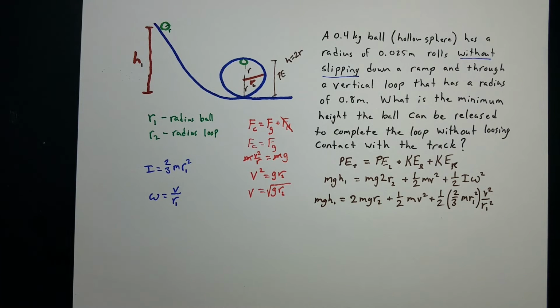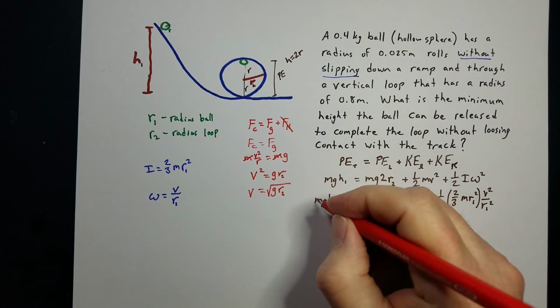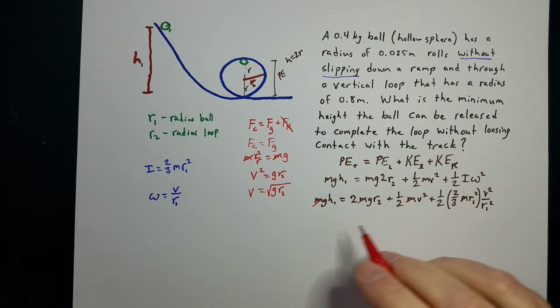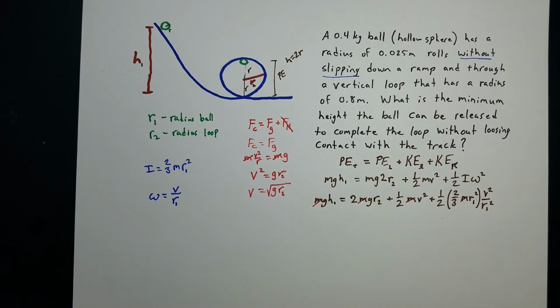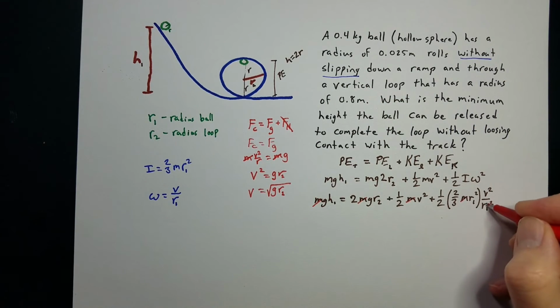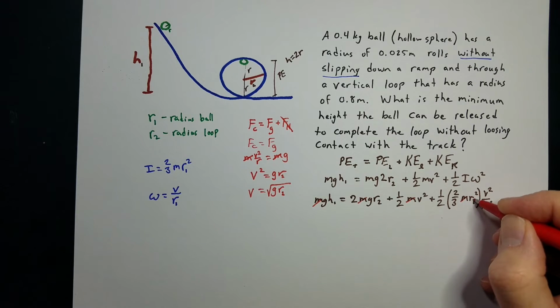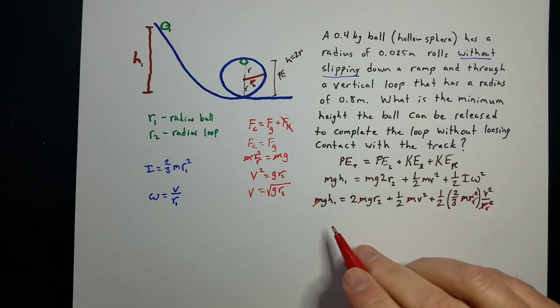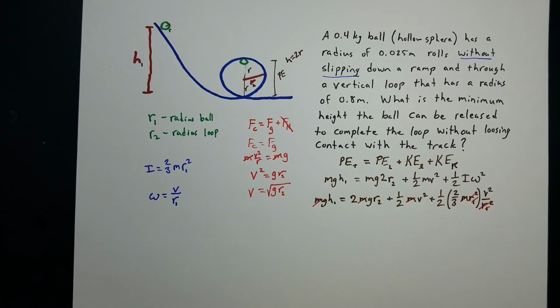Now we have things in mostly similar terms. First of all, we can eliminate the mass from each term because there's one in each one. So we actually didn't need to know the mass to solve this. That's good. We've got R1 squared on the bottom and R1 squared at the top, so these cancel out. Let's clean that up.